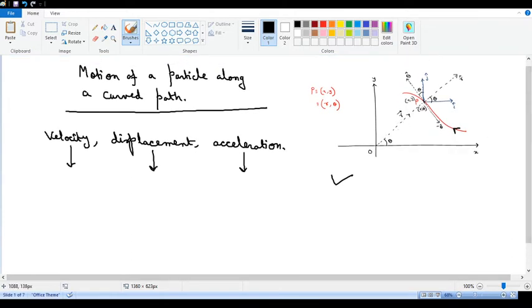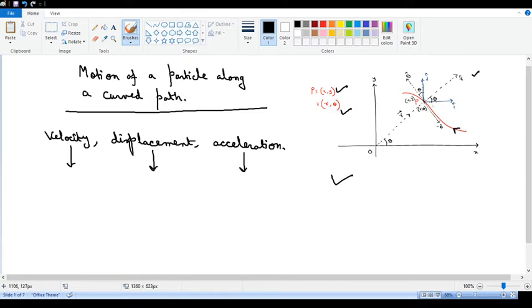If we choose a Cartesian coordinate system with x and y axes, then the coordinate of P is (x, y), whereas the coordinate of P in the polar coordinate system is (r, theta), where r is the position vector from O to P. This is the positive direction of the r vector, r hat, and this is the direction of the theta vector, which is the cross radial component or transverse component.